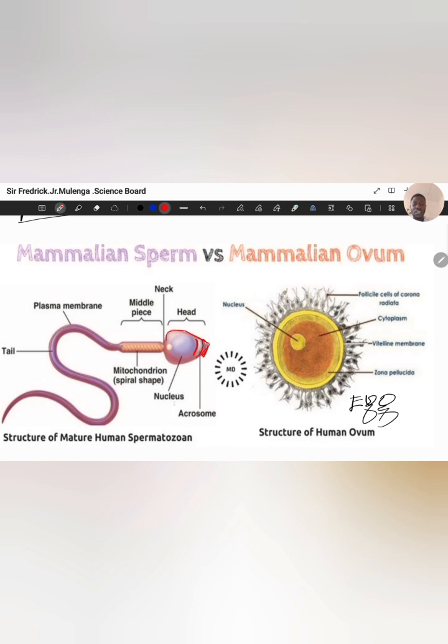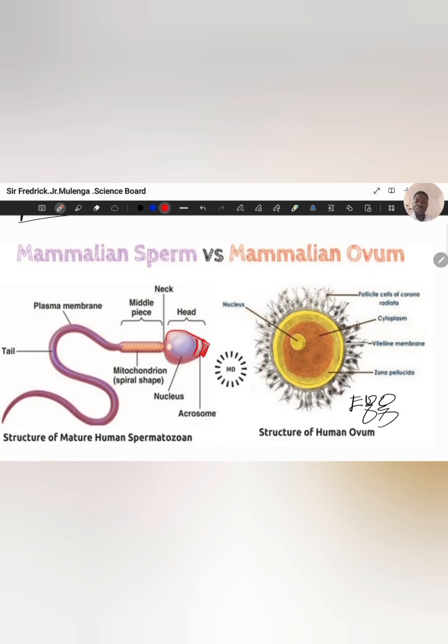All right, so one of the features is that it has a large nucleus. This is because it carries half of the father's genetic information. That's why it has a very large nucleus to carry genetic information.